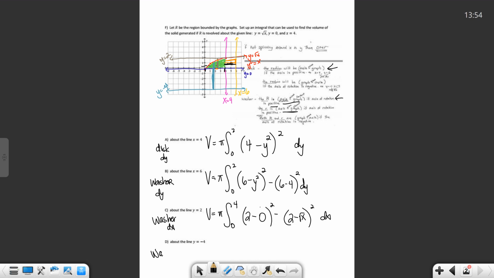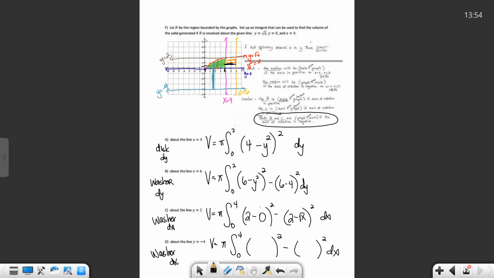So washer. Volume equals pi integral 0 to 4. Then I've got to get big R squared, little r squared, and a dx. Now, when I think about it, my axis of rotation is negative 4. So that's when I'm going to look at this note right here.